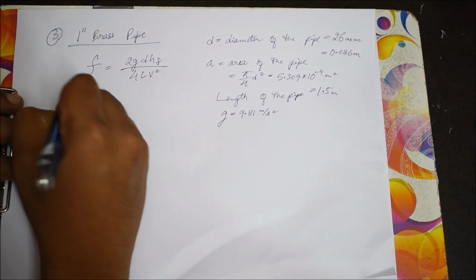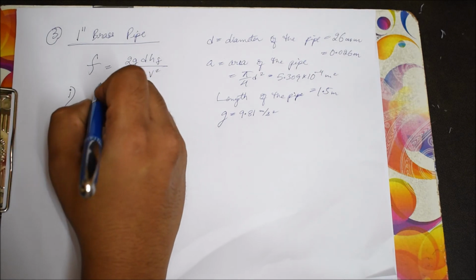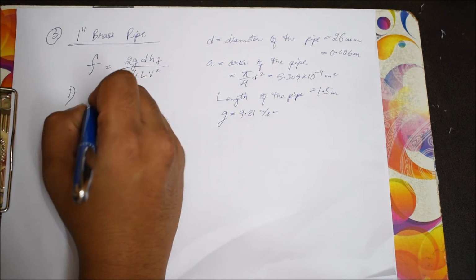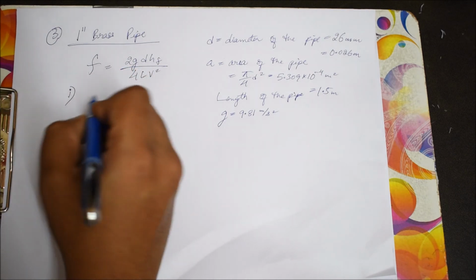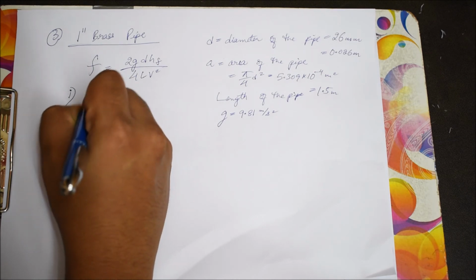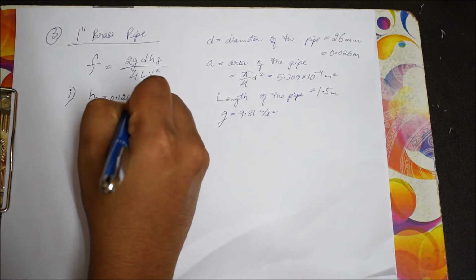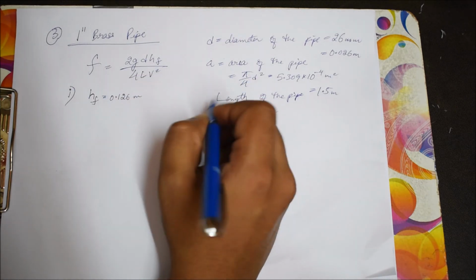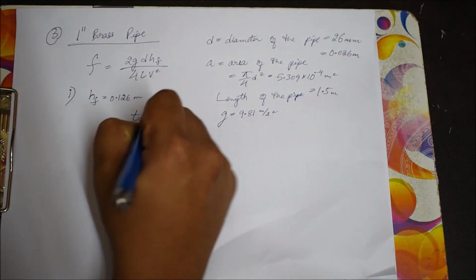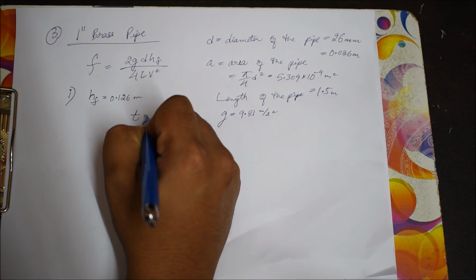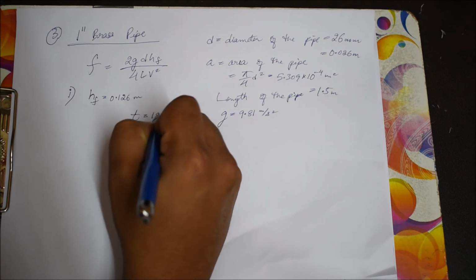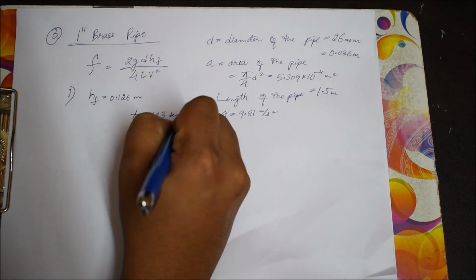For the first set of readings in the consideration of the brass pipe, for low discharge, we have found that HF is equal to 0.126 meters in terms of water. The time required for 10 centimeter rise in water level was found to be 183 seconds.